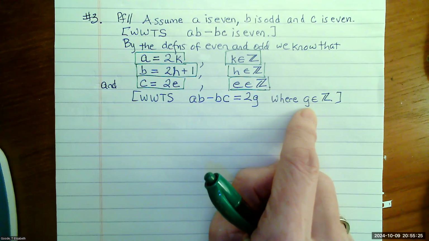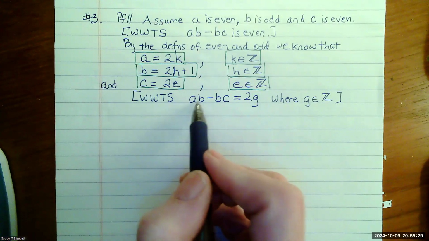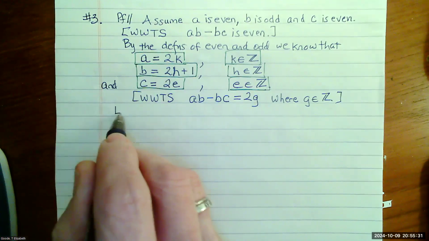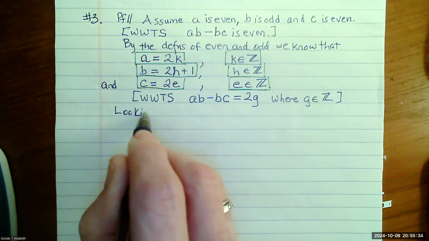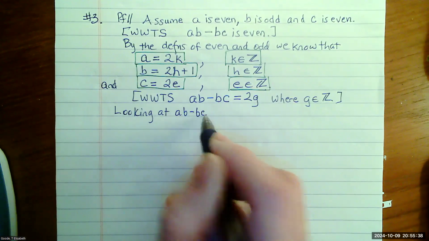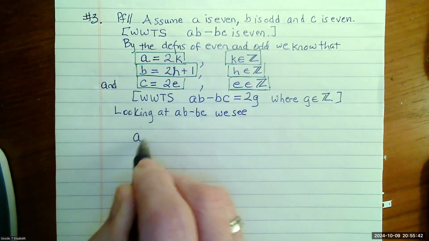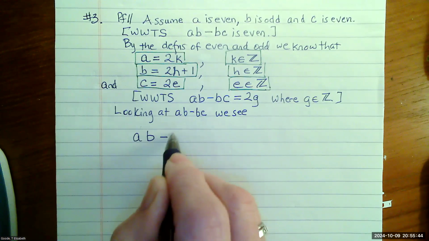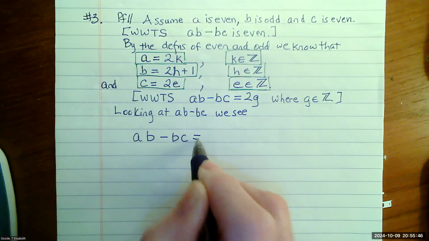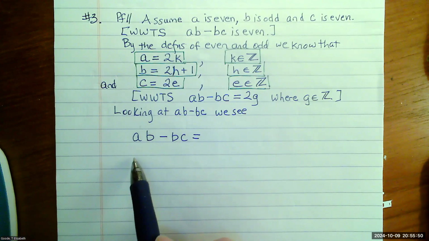Okay. So we can look at AB minus BC. Looking at AB minus BC, what do we see? A times B minus B times C. We start to use substitution.